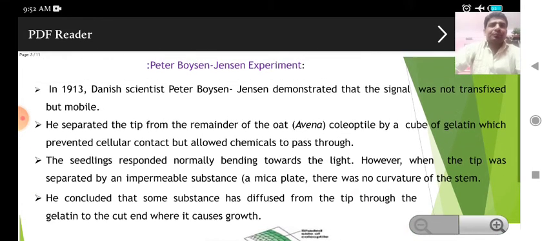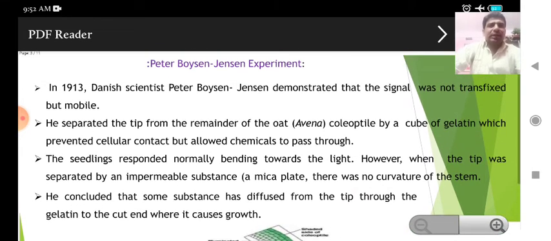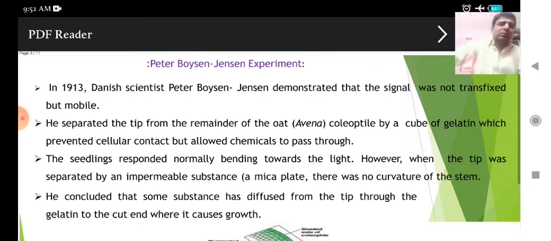See here, the second experiment in the discovery of auxin was proposed by Peter Boysen Jensen. It was called the Boysen-Jensen experiment. In 1913, he demonstrated that the signal was not fixed but mobile.